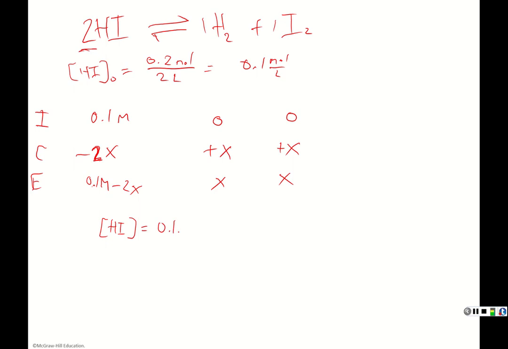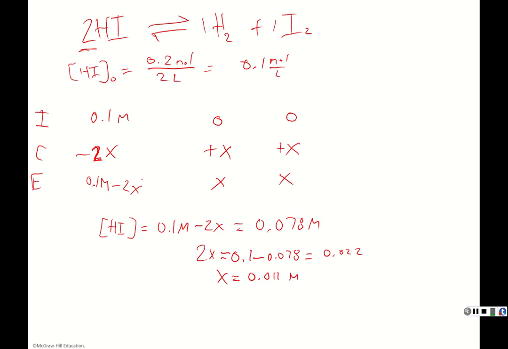We have that expression in our table, 0.1 molar minus 2x, and in the problem, they tell us what this is: 0.078 molar. So we can rearrange this to solve for x. 2x equals 0.1 minus 0.078, which is 0.022. Then we divide by 2 to get x, and that is 0.011 molar.